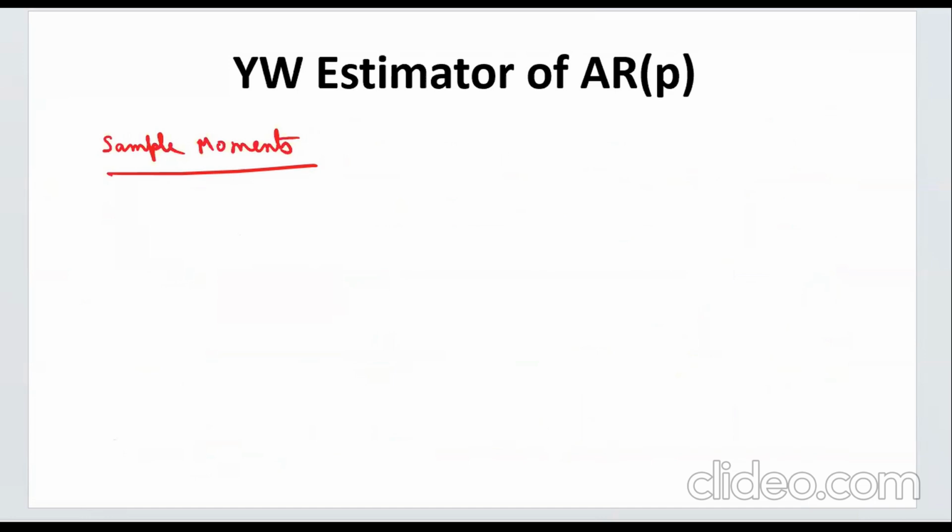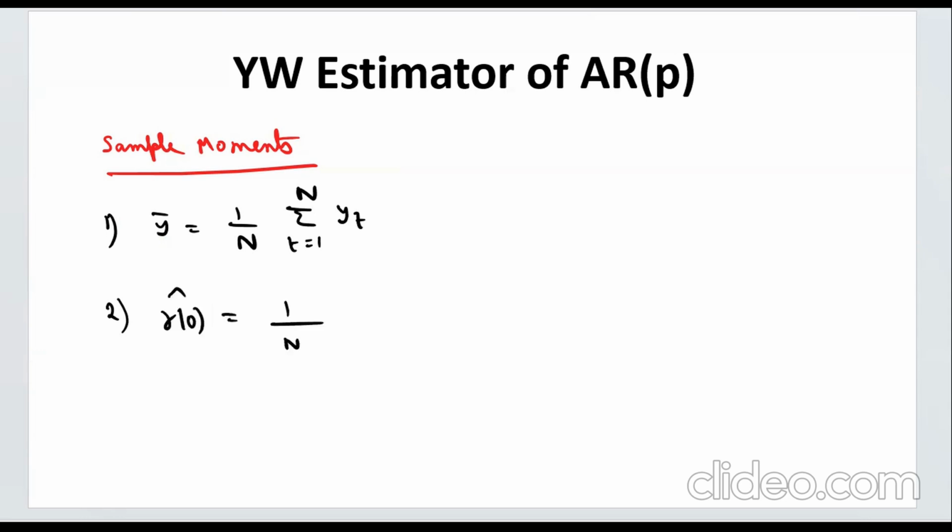Okay. Now the next thing is to calculate the sample moments. Again, y bar is the same. Y bar is the first sample moment that we can calculate, sum over t from 1 to n of y t by n. This is the same as before. Then we have variance, which is also the same. Variance is written as gamma naught cap, 1 upon n minus 1, again for making the estimator unbiased.